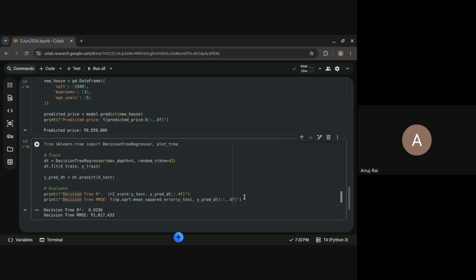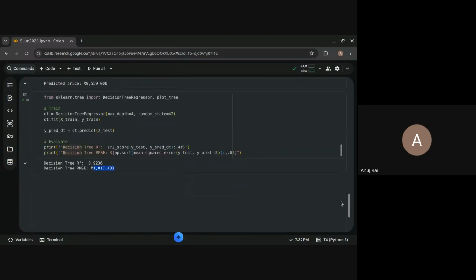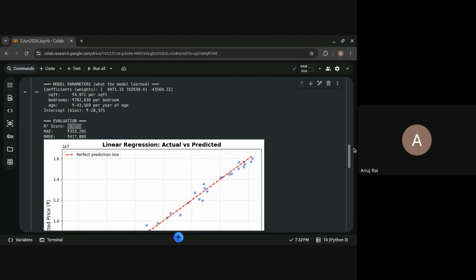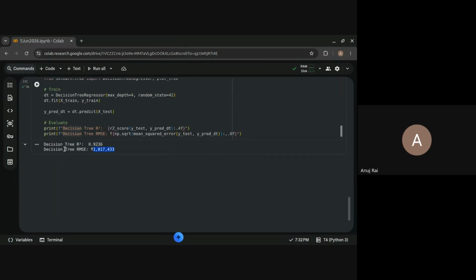So let's see. Here you can see the tree R2 score. Here you can compare the model quality. Here it's 0.98 and here it's 0.92. Decision tree RMSE is around 10 lakh, and here it's around 4 lakh. So according to the root mean square error, the error is higher.